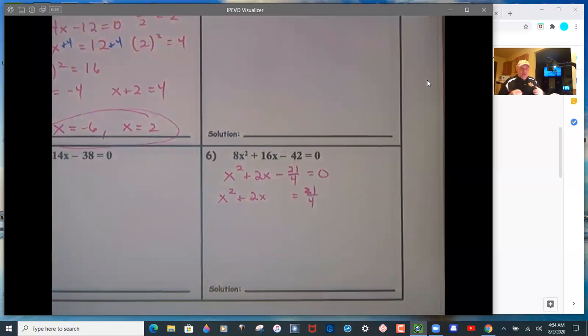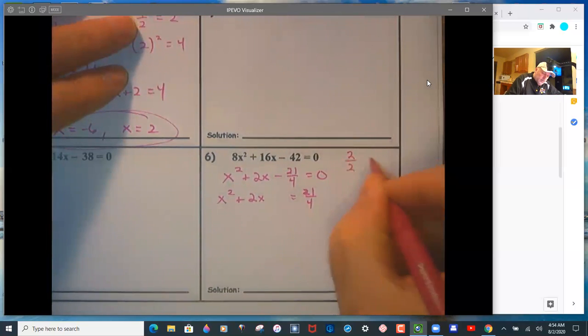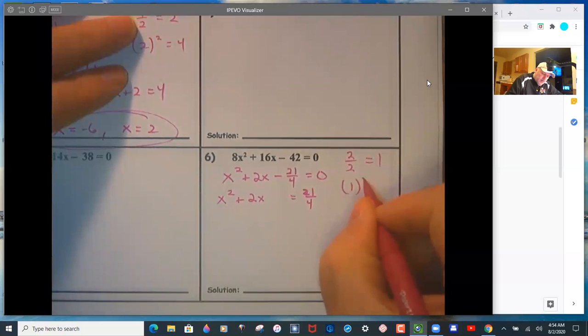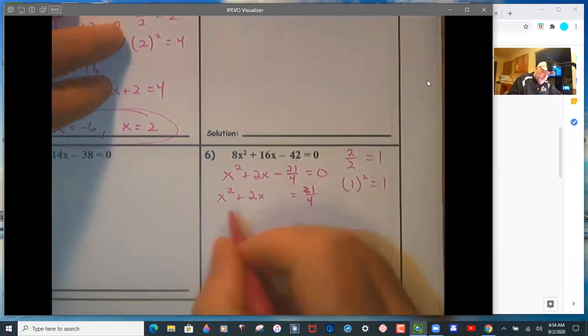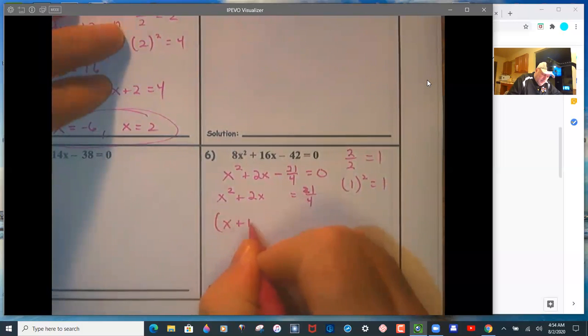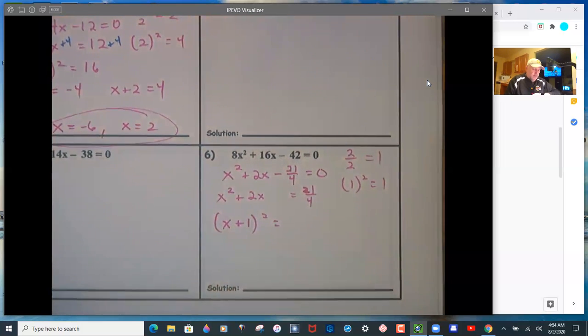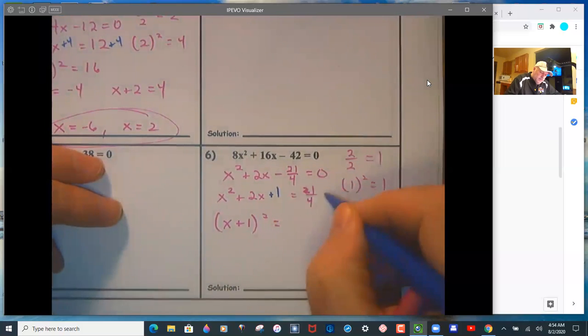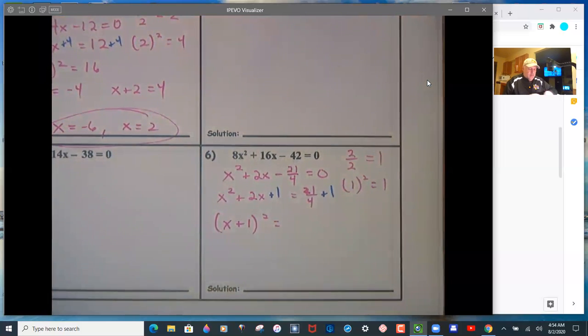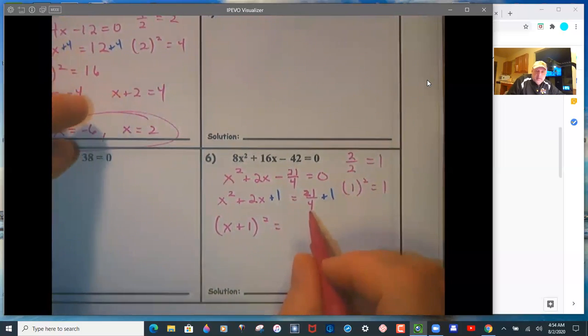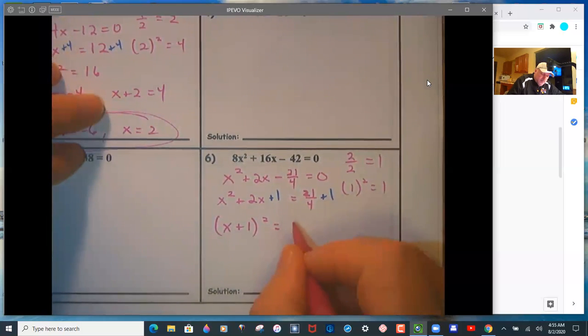Okay, so we want to take b, which is 2, divide by 2. And then square 1. So this side here is definitely going to be (x + 1) squared. And then go back and add 1. So this will become 21 over 4 plus 4 over 4, 25 over 4.